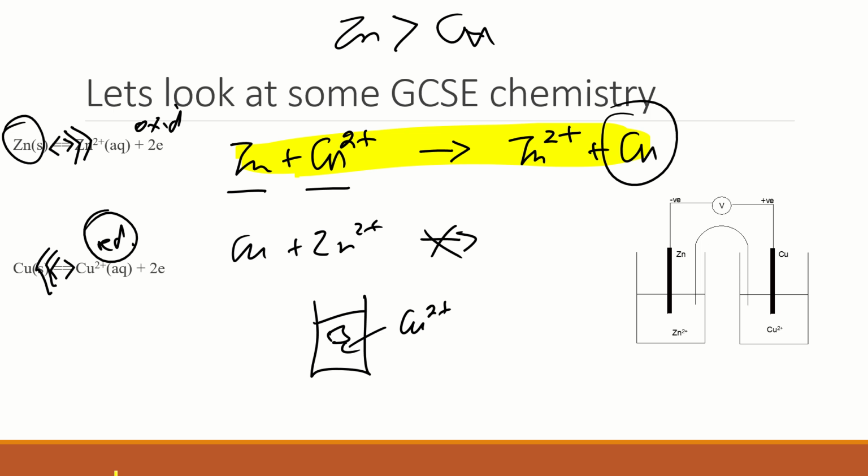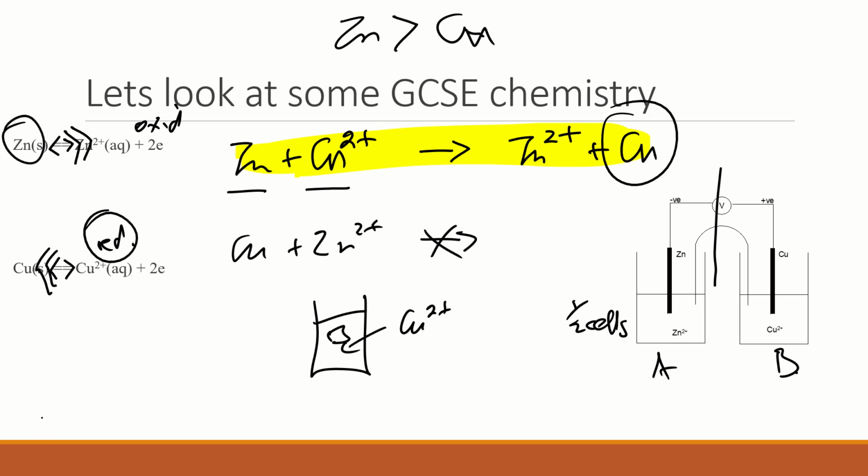Let's separate them out into two what we call half cells. So if we look at the diagram over on the right hand side of the screen, you can see we have two separate beakers. We have what we call half reactions, or we call them half cells. We'll call that one A and we call that one B.